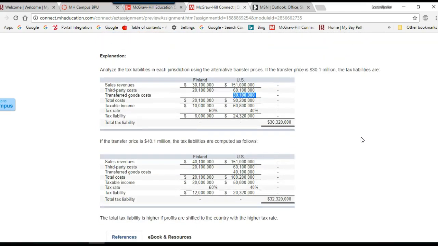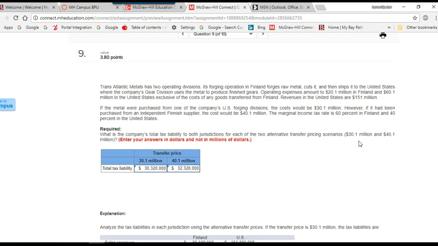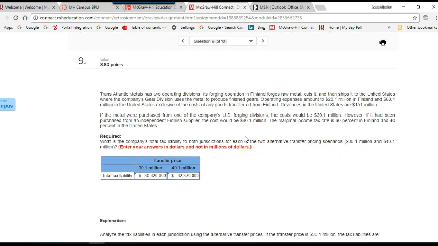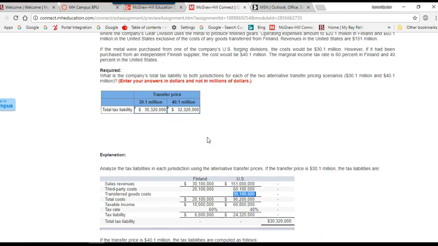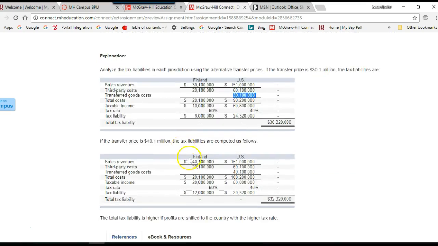The second part is what happens if there's a purchase from an independent supplier instead of the Finnish supplier: the cost would be 40 million. So analyze the tax liability jurisdiction by using the alternate transfer price. So in here, again, Finland revenues would be 40 million, but to transfer to U.S., that would be a transfer good cost.